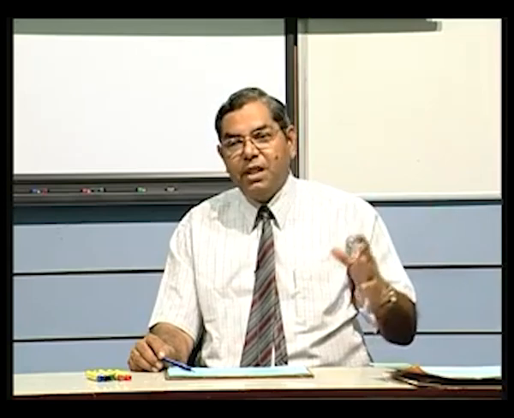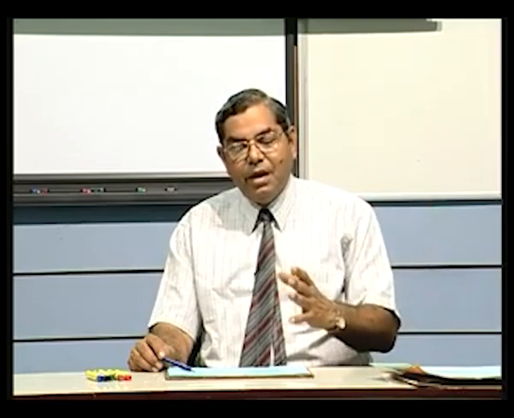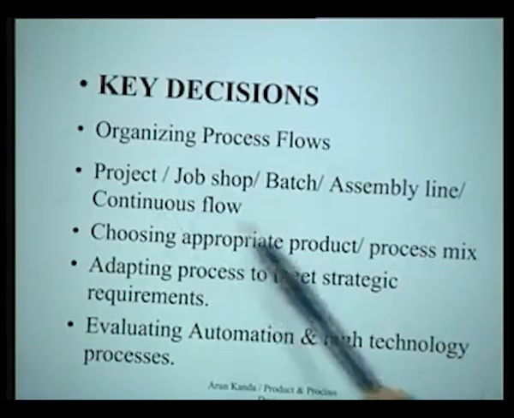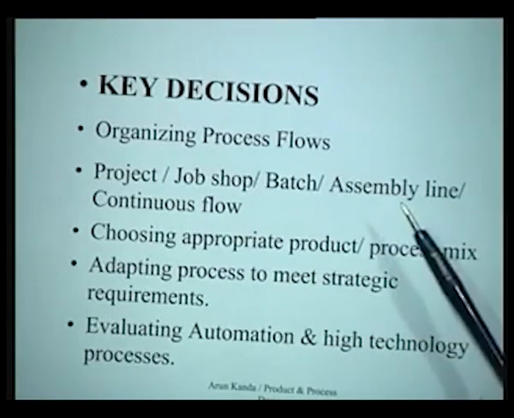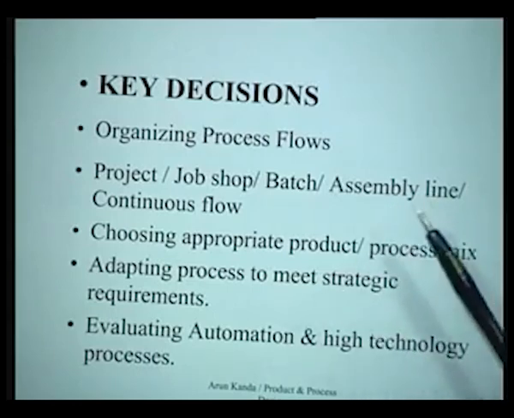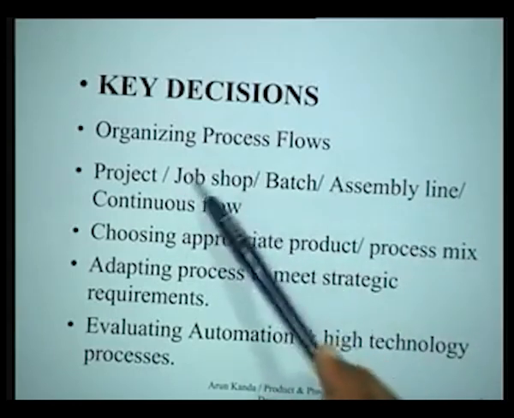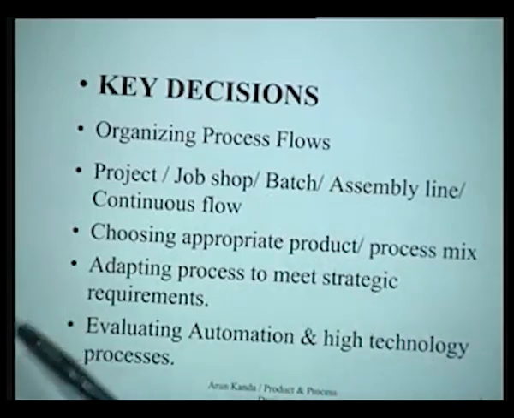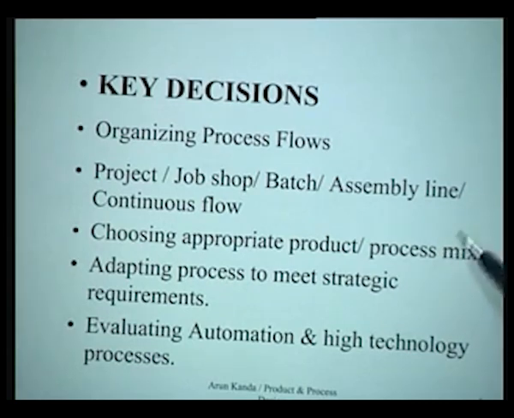So you are left with 10,000 components to make, and then for each component you have to decide as to what kind of a process it will go through. So within the context of the factory, you might have a combination of a job shop, a batch production, assembly line, and even continuous flow, all taking place together, because each of these is catering to different components, say the 10,000 components which you are now going to make.